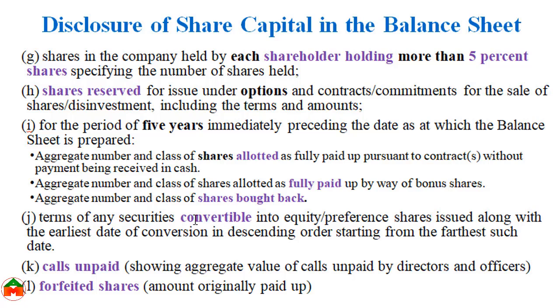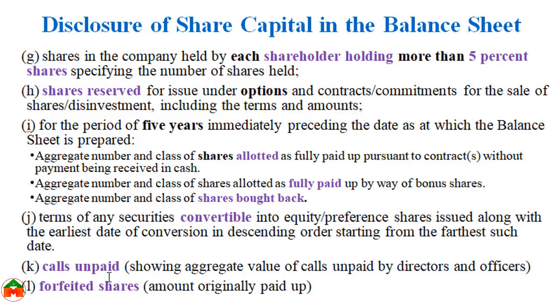I mean, if the equity share is convertible to preference share, or if the preference share is convertible to equity share, if there is any such condition or agreement, that should also be mentioned in the disclosure of share capital in the notes to financial statements or notes to share capital.